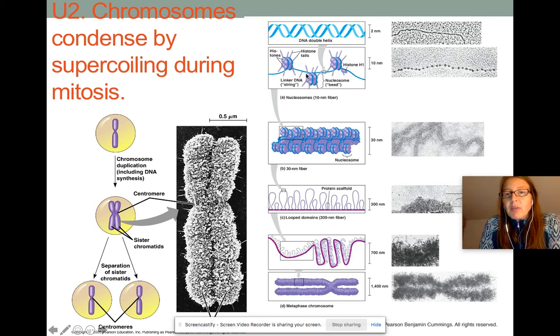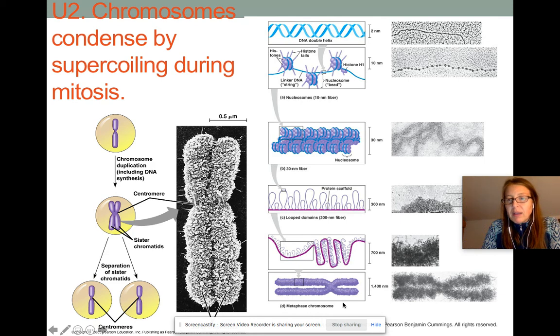When the DNA wraps around those histones, that's called a nucleosome. These nucleosomes allow it to pack in super tight, and then they fold back and forth across each other and create loops, and then that folds back and forth even further with a protein scaffold until you finally get this thickly condensed chromosome.